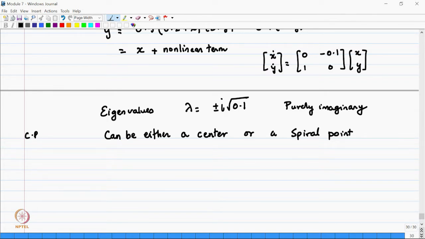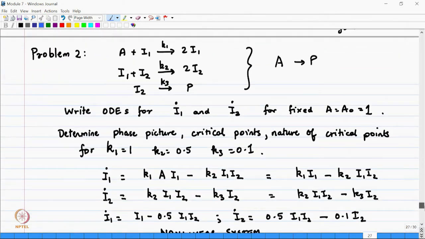So the critical point for the nonlinear ODE can be either a center or a spiral point. It is very important that this is for the nonlinear ODE. For the linear ODE, clearly this will be a center, but for the nonlinear ODE it can also be a spiral point.